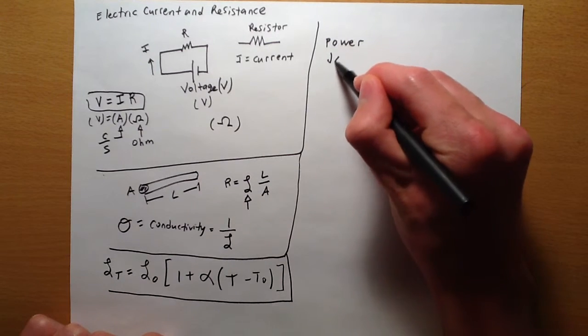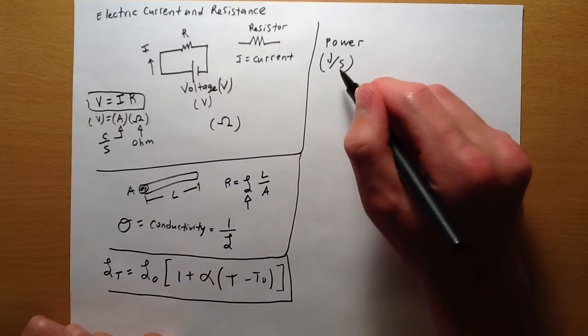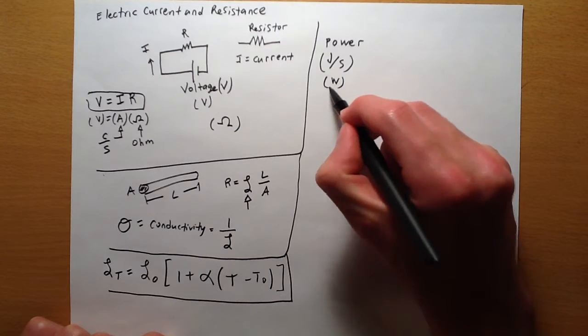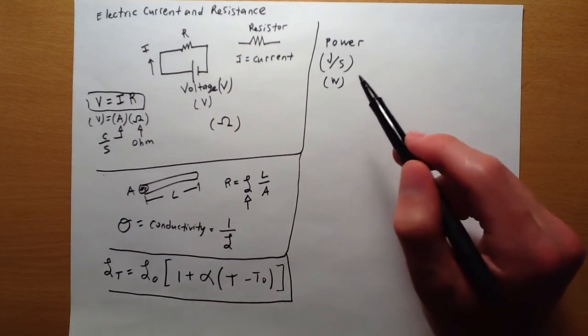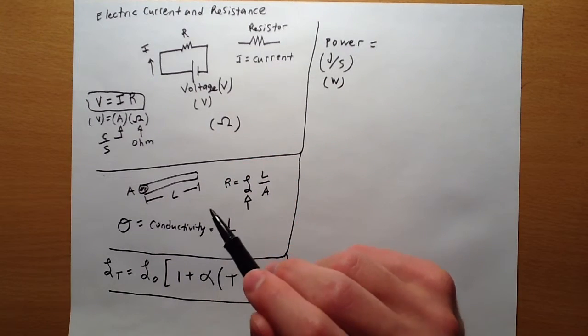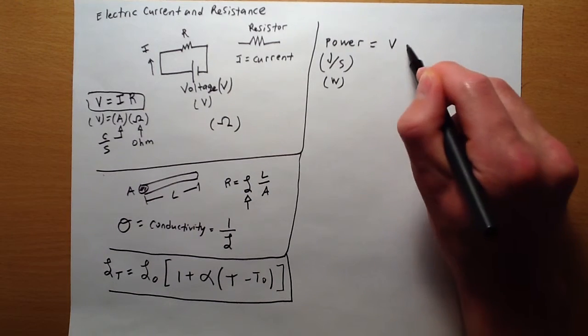So we know that it has joules per second. Another unit for joules per second is just calling it watt. Joules per second is the same thing as W, or watt. Now, power for this electrical system is equal to voltage times current.